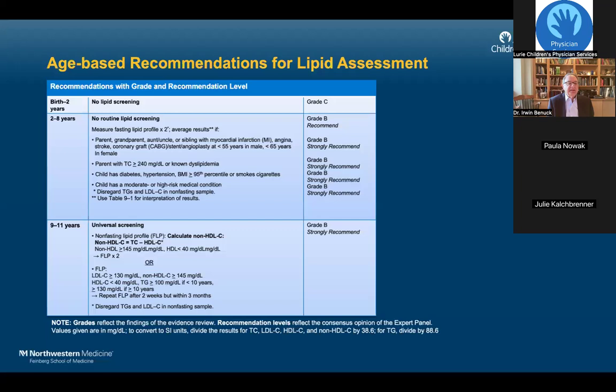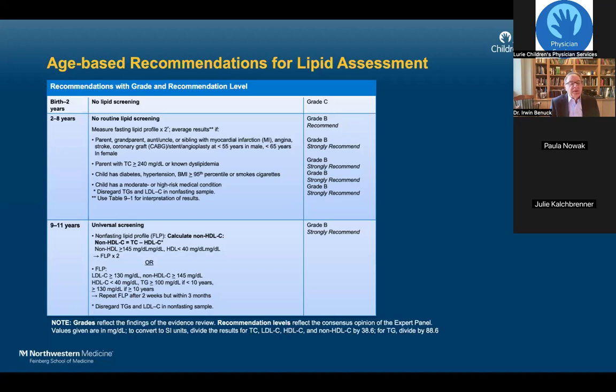Next slide, please. Okay, and I think you saw this with Dr. Baptista yesterday. From 0 to 2 years of age, we generally do not do any lipid screening. Once in a while, we'll have a baby come in who was lipid screened for family history or a lipemic looking blood sample, but usually we do not like to see these children.